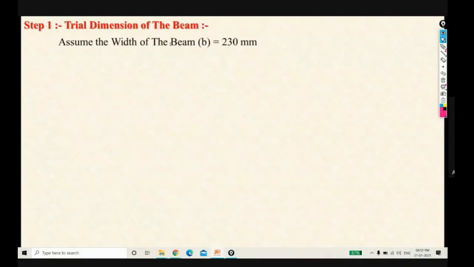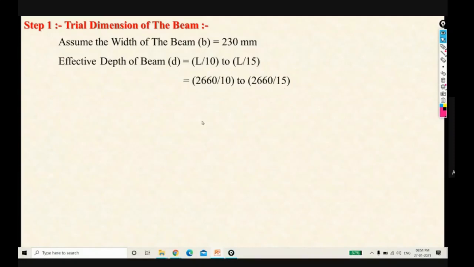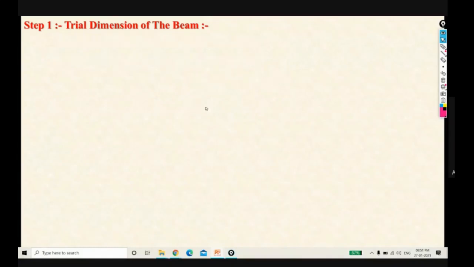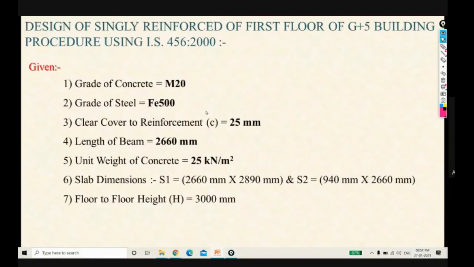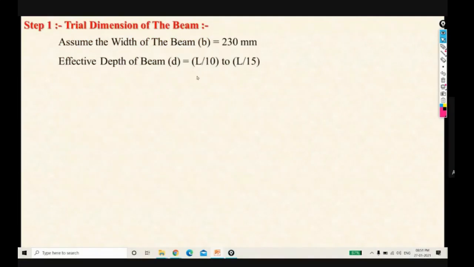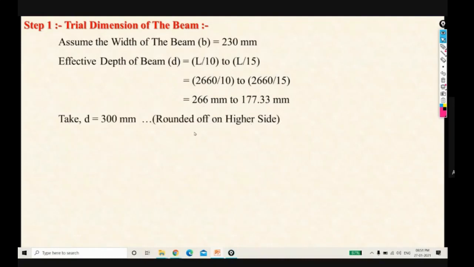Trial dimension of the beam. First assume the width of beam is 230. It's just a trial dimension. Then effective depth: this is a standard formula given in SP 34, L by 10 to L by 15. Considering beam length 2660, 2660 by 10 to 2660 by 15 gives 266 and 177.